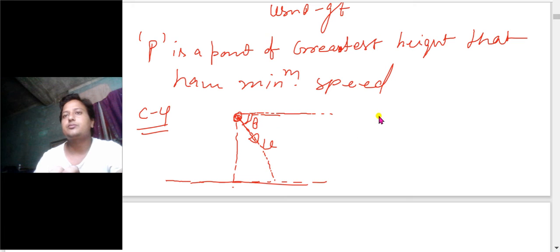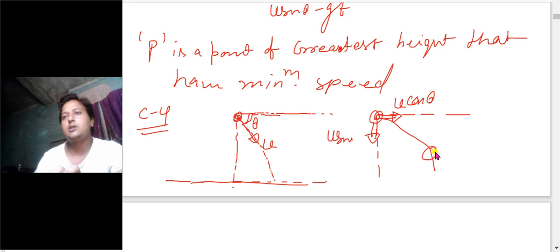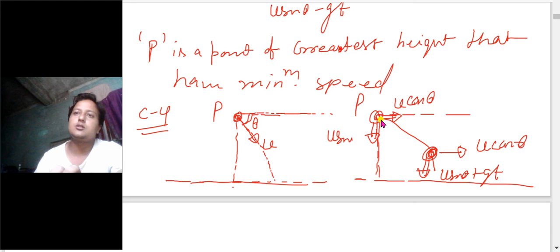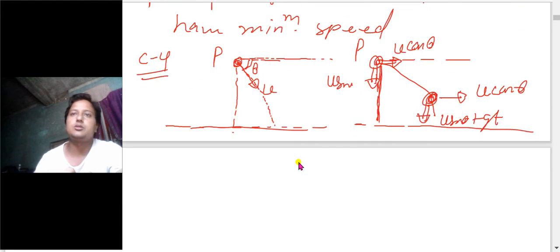At the initial point the speed components are u cos theta, u sin theta, and after time t the body has speed components u cos theta, u sin theta plus gt. So if this is a point P, it is at the greatest height and also carries minimum speed.